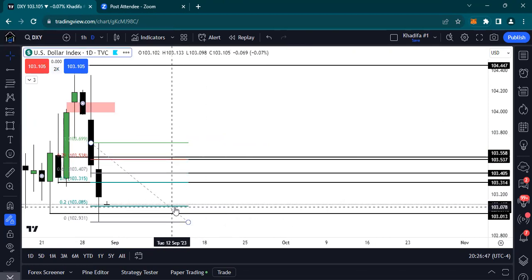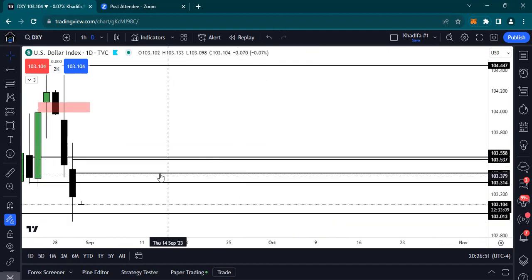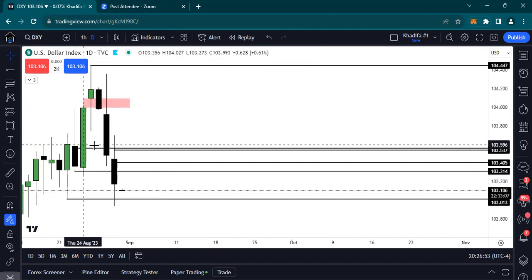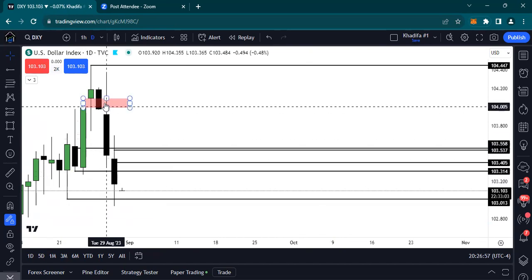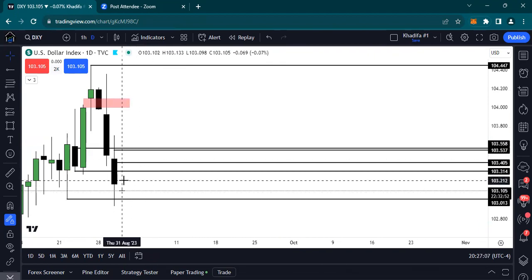They sit inside the weekly PD arrays that we just pushed through, right? Because these two levels here are the weekly PD arrays that I wanted to see price come back down to and retest, right? So yesterday's premium arrays sit within those PD arrays.